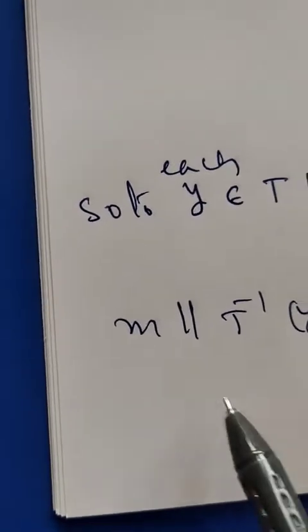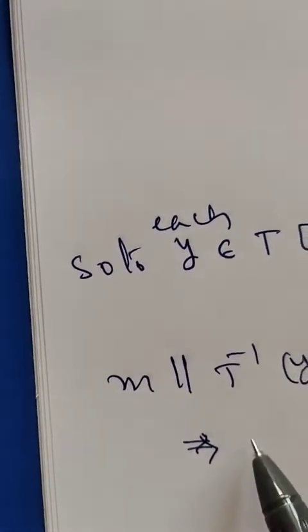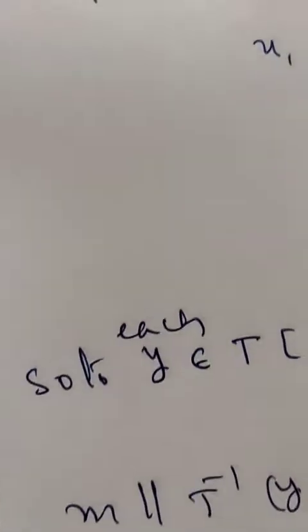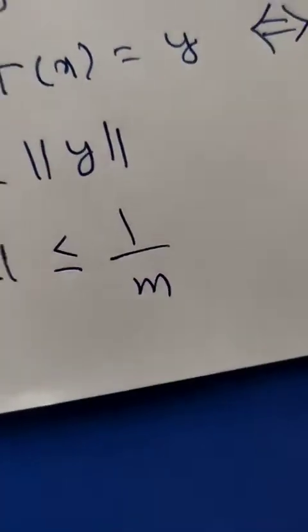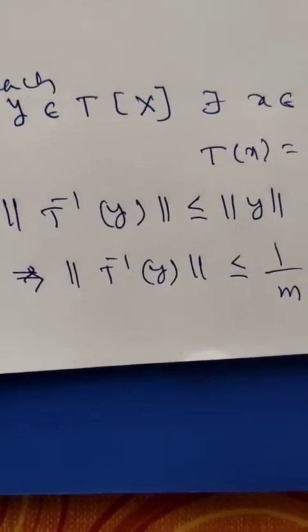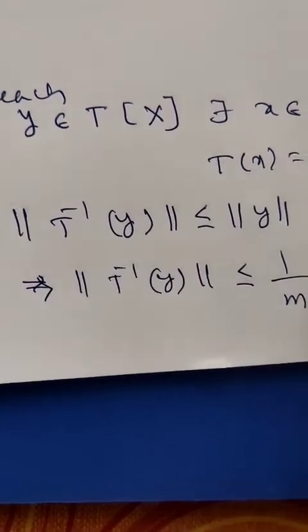This implies norm of T inverse of y is less than or equal to 1 by m times norm of y.